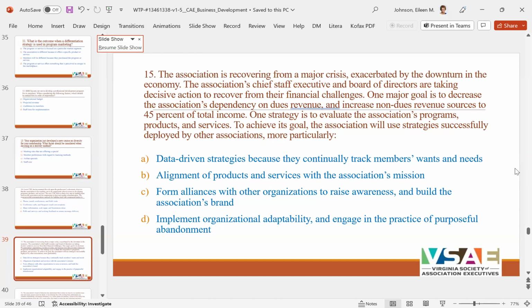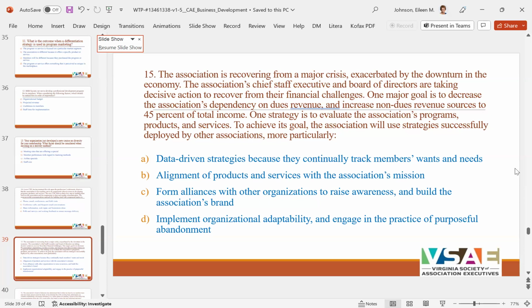To achieve its goal, the association will use strategies successfully deployed by other associations, more particularly A, data-driven strategies because they continually track members' wants and needs. B, alignment of products and services with the association's mission. C, form alliances with other organizations to raise awareness and build the association's brand. Or D, implement organizational adaptability and engage in the practice of purposeful abandonment. Whew.